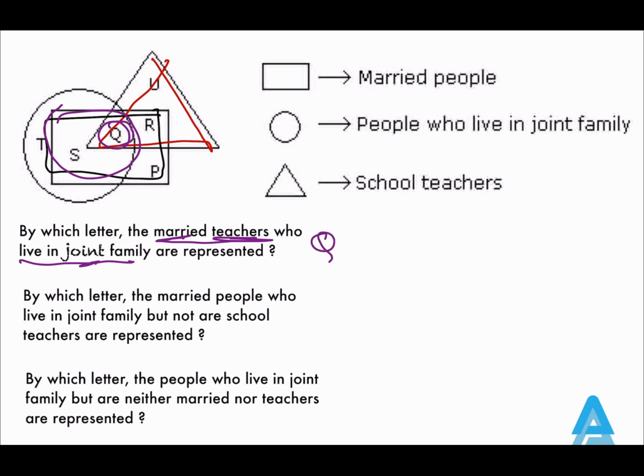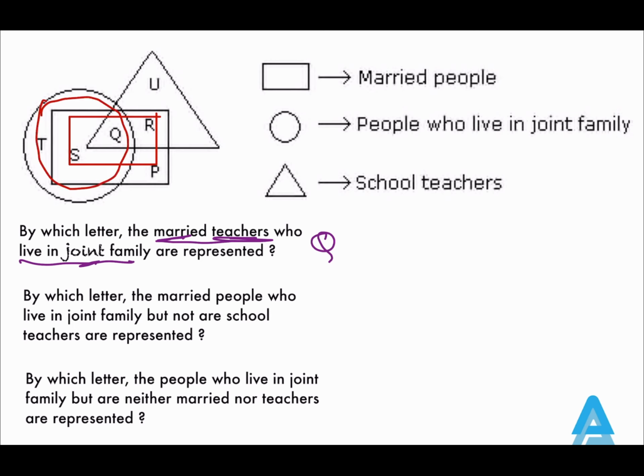Okay. By which letter the married people who live in the joint family but are not school teachers. So you just need to exclude school teachers. Okay, so married people and joint family. Here married people are this. Okay, and joint family is all this.